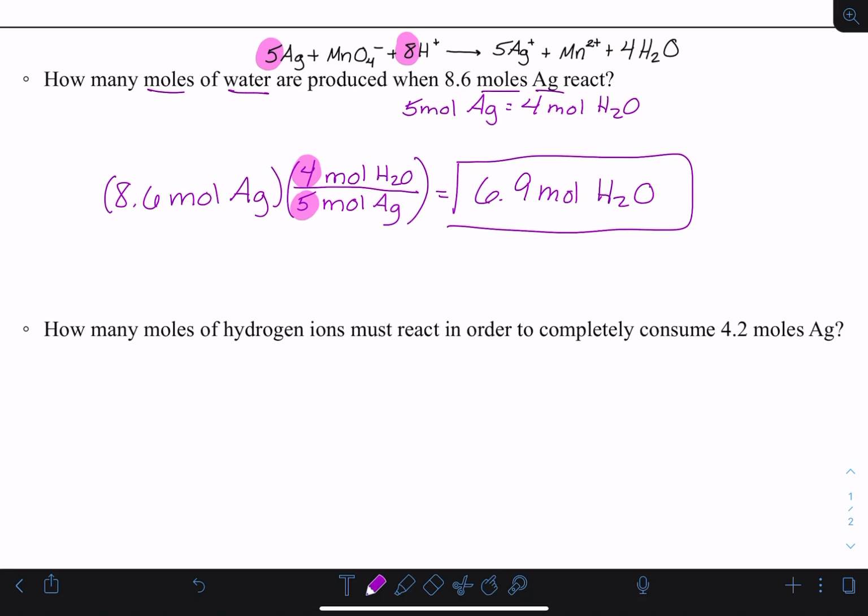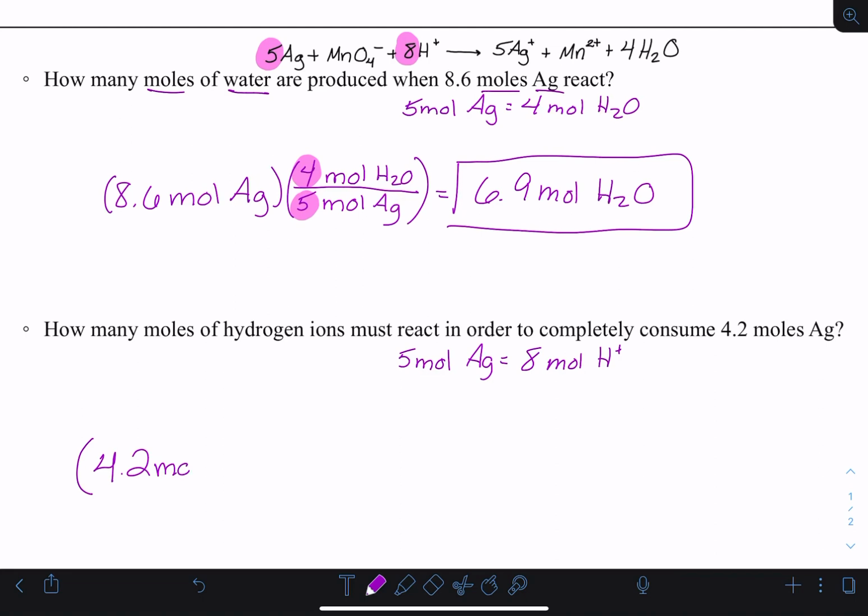So to figure out how many hydrogen ions there are, we're going to look at that relationship. Our 5 moles of silver in our reaction reacts with 8 moles of hydrogen ions. So our conversion factor is that 5 moles of Ag is equal to 8 moles of H plus in this chemical equation.